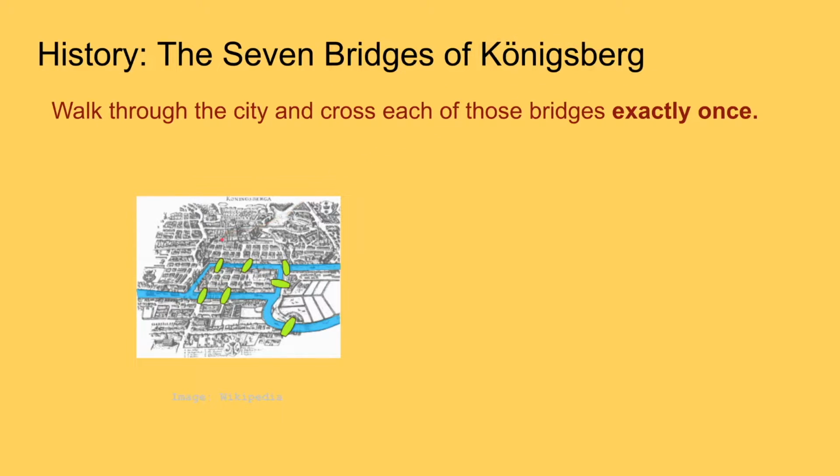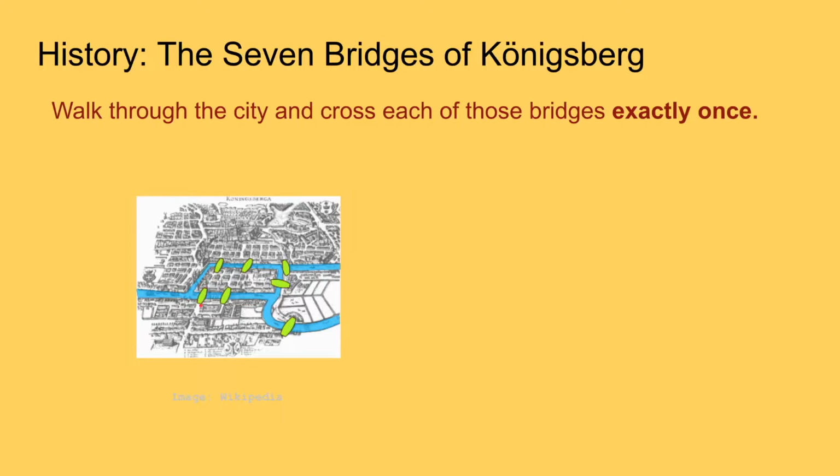A very classic problem in graph theory is called the 7 bridges of Konigsberg. Konigsberg is a city in Russia which has a river, and the river has 7 bridges, and people were wondering if they could go from one section of the city to another, crossing these bridges exactly once. So the requirement was to cross each bridge exactly once without ever going back.